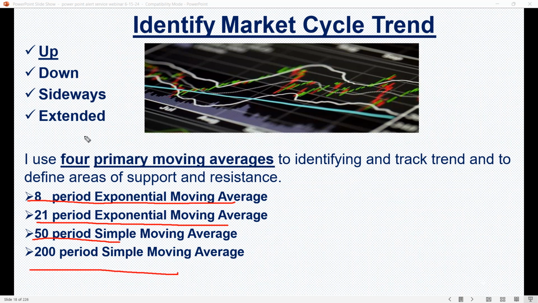Most institutions, hedge funds, and traders will be following the 50 simple as a trend tracker. The 150 is also important, but the 200 is a really important macro, bigger long-term trend simple moving average to use. These are all important moving averages that I like to use and follow. Let me get rid of that.